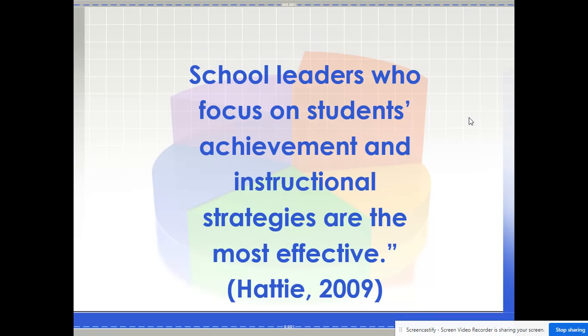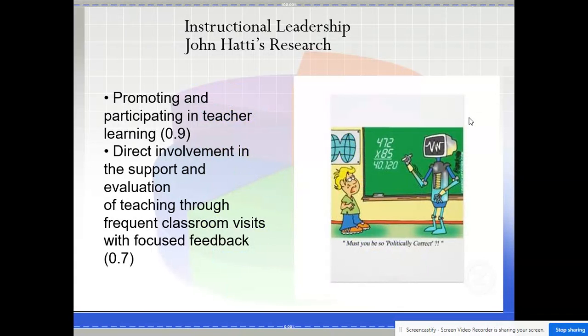School leaders who focus on students' achievement and instructional strategies are the most effective. That's John Hattie, 2009. This also comes from his research on how to improve student learning.